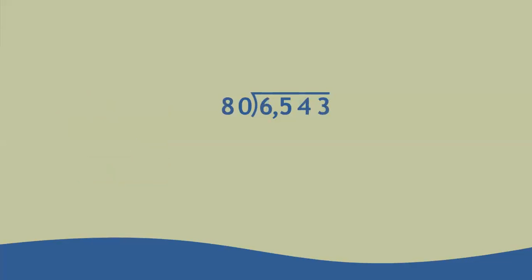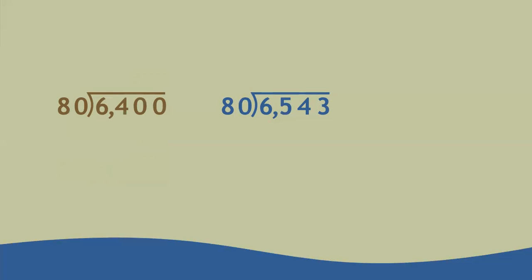Okay, next we have the dividend 6,543 divided by 80, which is our divisor. And what we have here is we're going to take this number again, and we're going to look at 6,500. Well, we could round that down to 6,400 because 6,400 or 64 and 8 have some commonality, and we know that 8 goes into 64.